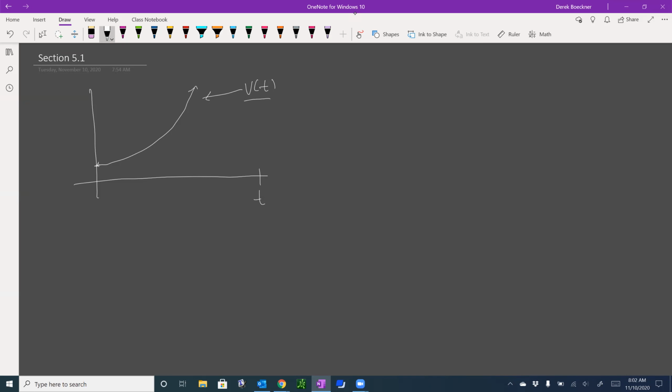And so this is at 1, 2, we'll say that it ends at 5. So we want to find an approximation for s of t, the position function.